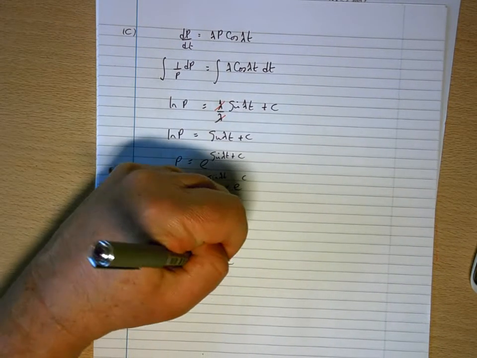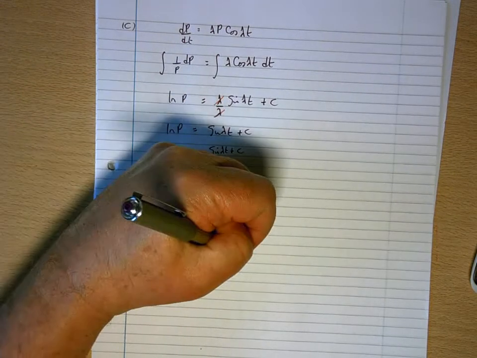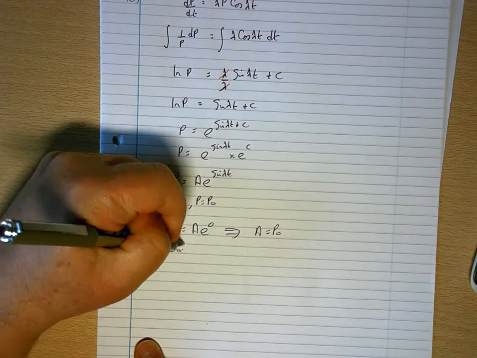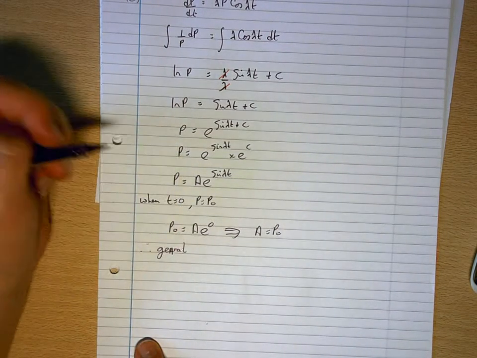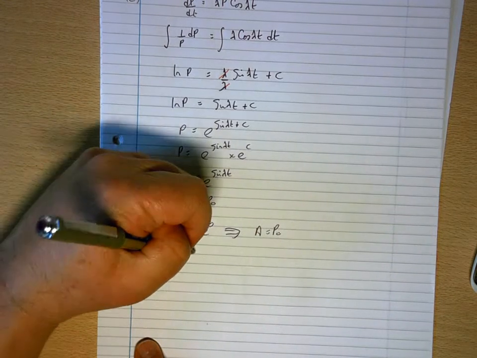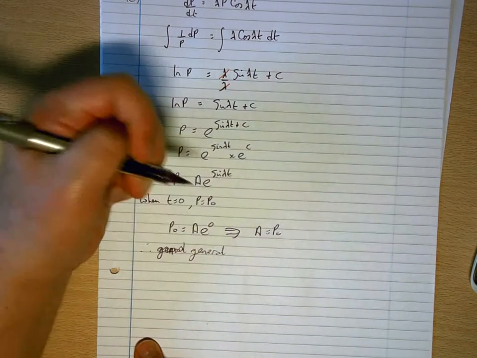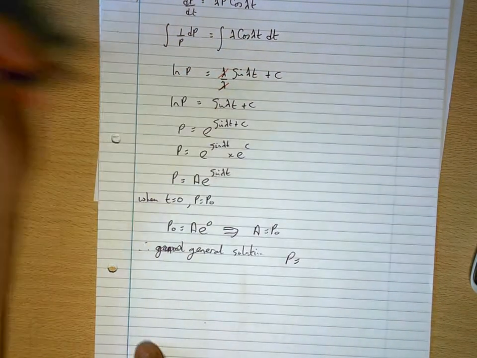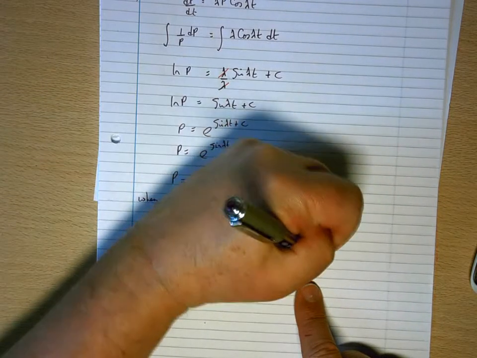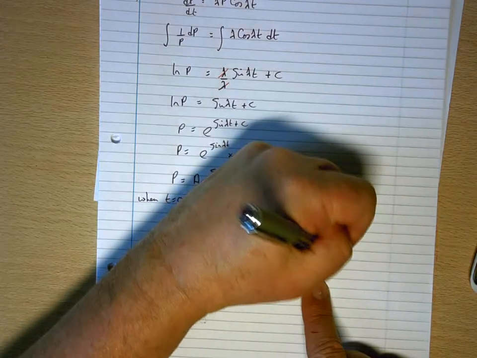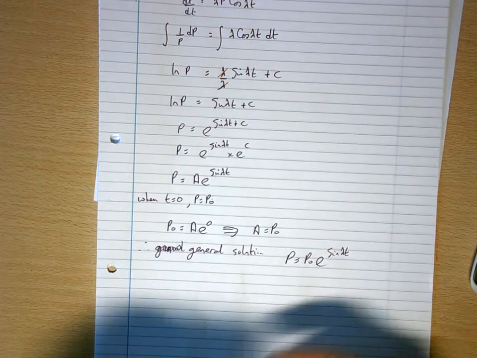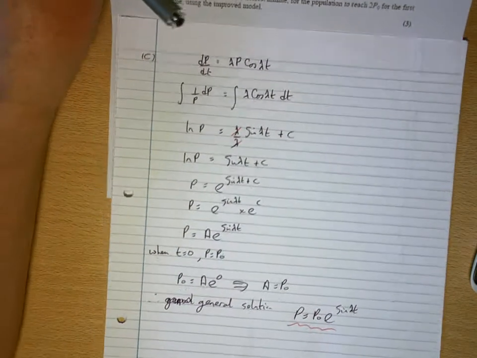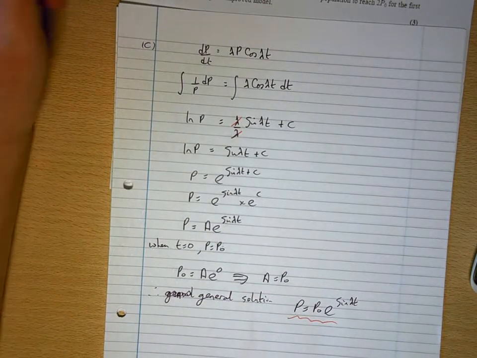So we're still going to have that constant being p naught. So the general solution will be P equals P naught e to the sine lambda t. That's your part C.